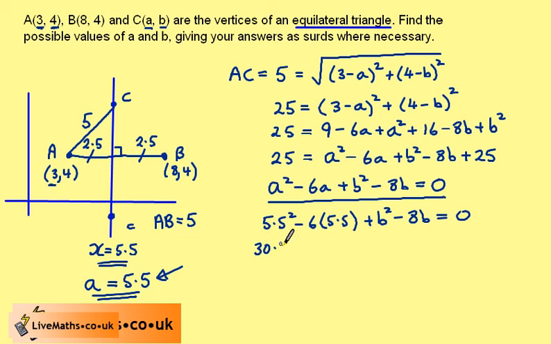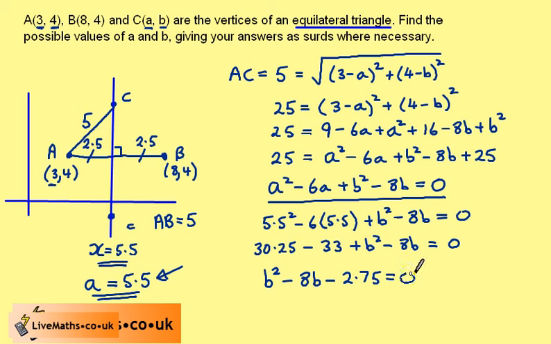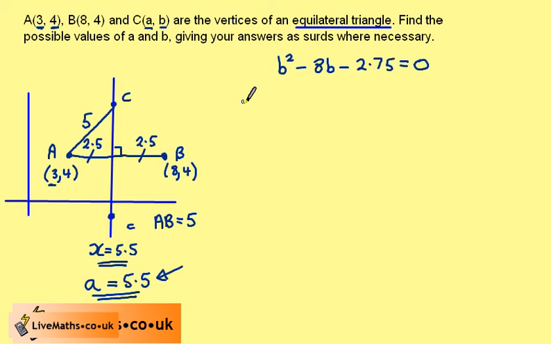Calculating this, we get 30.25, take away 33 plus b squared minus 8b is equal to 0. And tidying this up, we get b squared minus 8b, take away 2.75 is equal to 0. So we have a quadratic equation to solve.